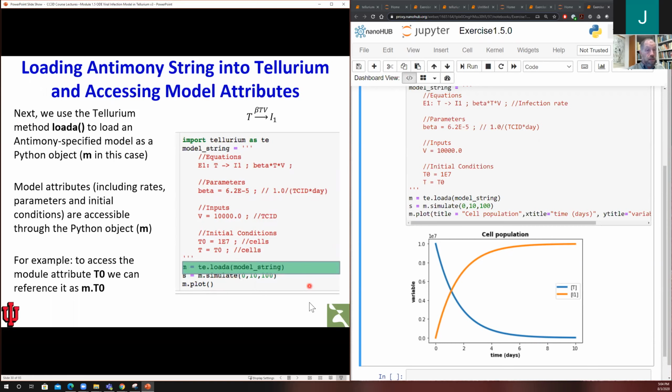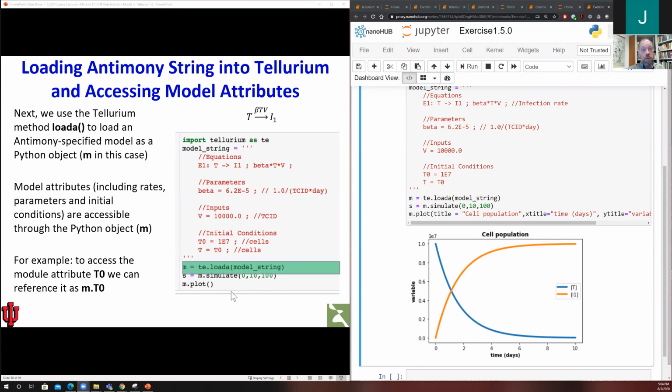Now, we could have called model string anything we like. We could have called it a flu model, for example. And if we'd done that, we would have said te.loada, parenthesis, flu model. Similarly, we could make m any variable name we like. So we've now loaded the model in.